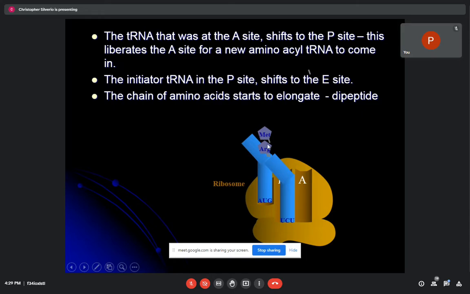But what happened to the amino acid that this transfer RNA is carrying? The amino acid will be transferred to the transfer RNA that is carrying the amino acid arginine, which will start the polymerization of the amino acid.